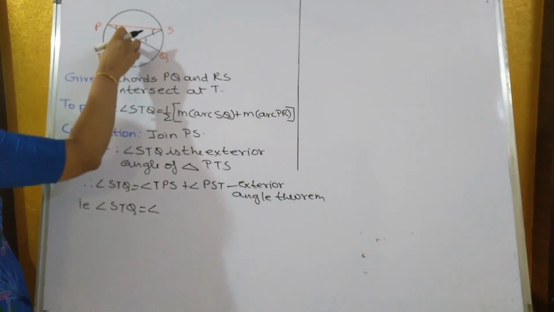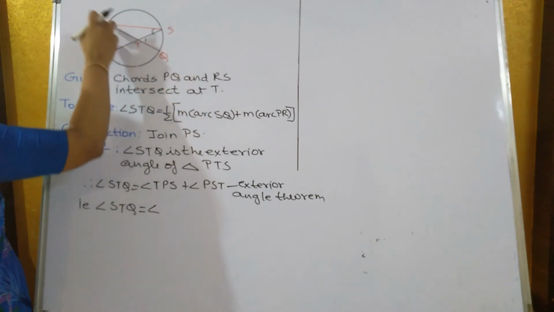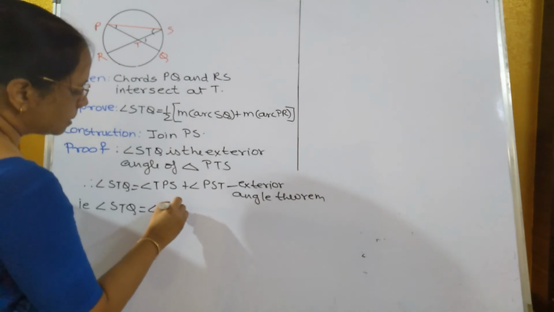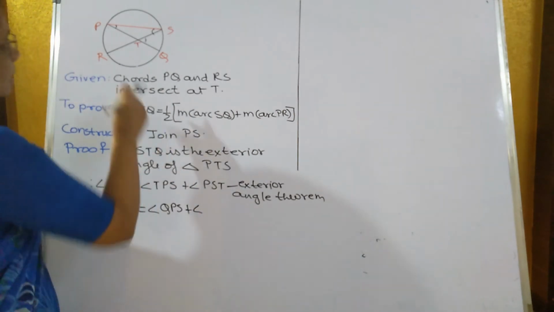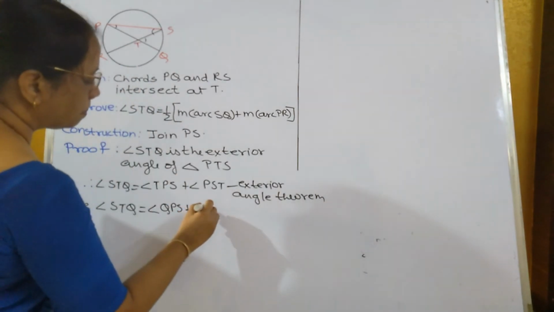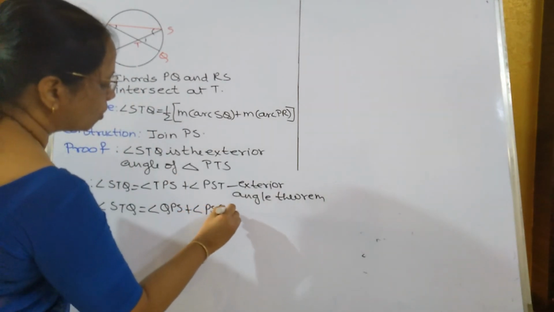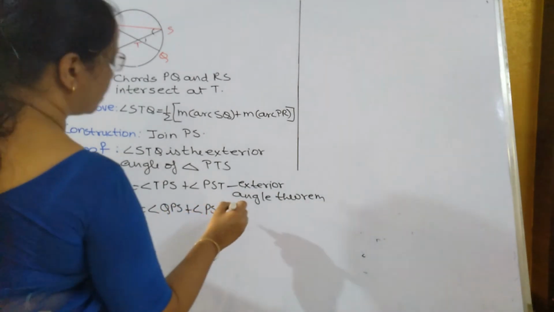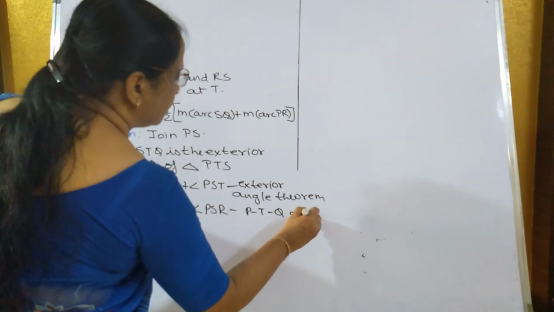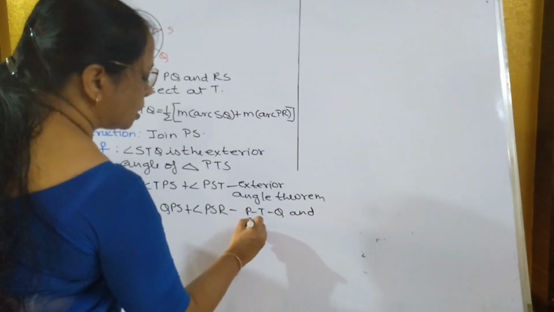Instead of TPS, I'll take QPS, so I'll just extend it. Angle QPS plus angle PST. So instead of T, I'll take it till R. So angle PSR. Reason what you'll write? They are all collinear points: P-T-Q and R-T-S.